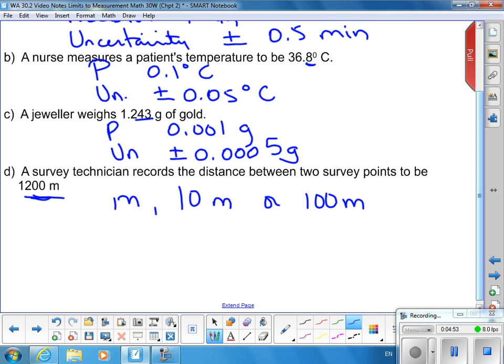So if the precision was to 100 meters, then the uncertainty is plus or minus 50 meters. So you need a little more information for this question to know how precise the measurement is. Because of the 2 zeros, you're not sure if that is the type of measuring tool you used or just rounding.